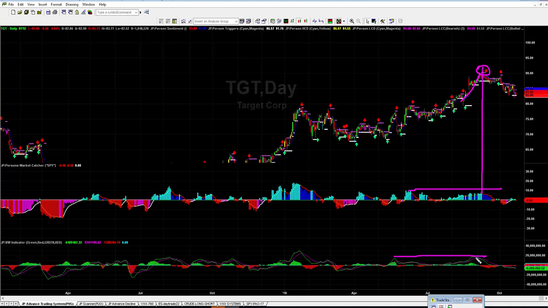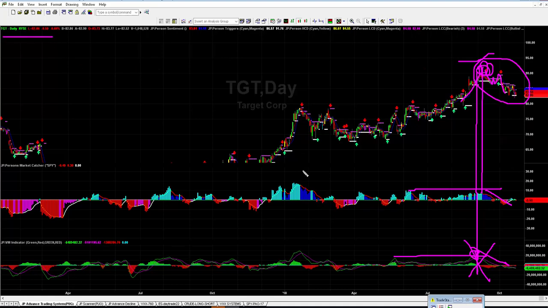Now the volume action was okay, but it started to get weaker at about that sell signal right there. It tried a little pump and then it dumped. The relative strength and the volume were both in negative trend mode. So it does not tell me to be a buyer of Target at this point in time.